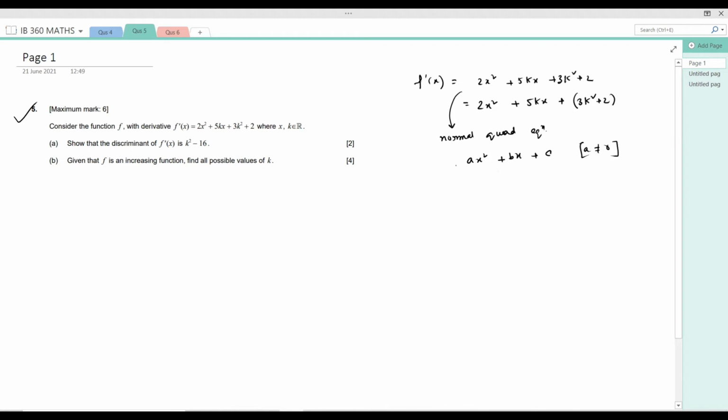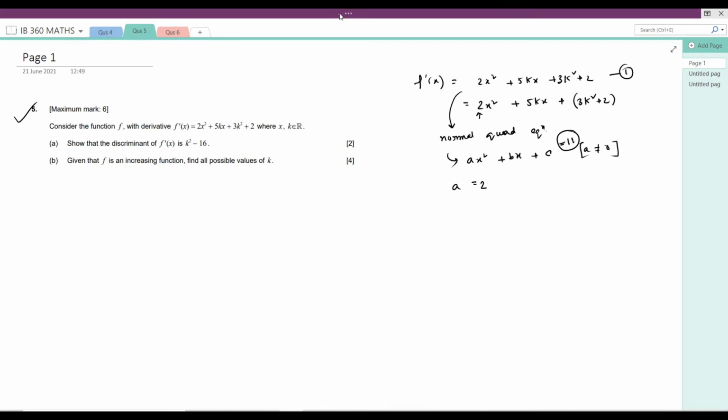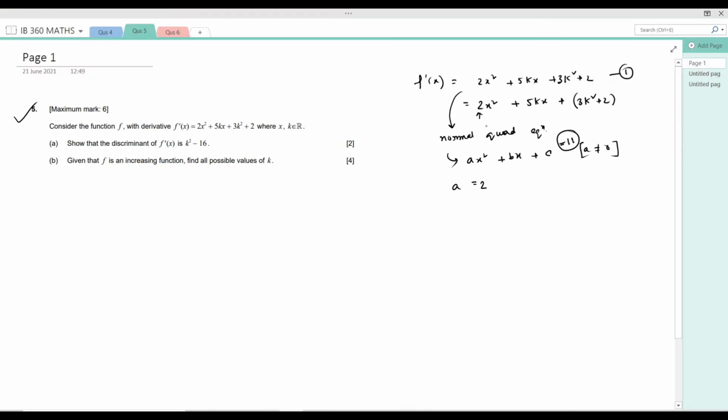Now if we take this to be equation 1 and this to be equation 2, then we will get a equals 2. Let me change my color. This is a equals 2, b equals 5k, and c equals 3k square plus 2.